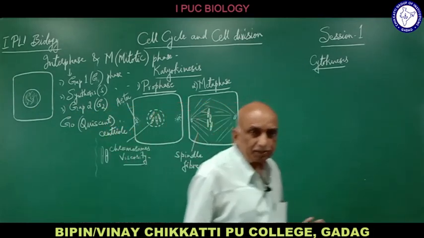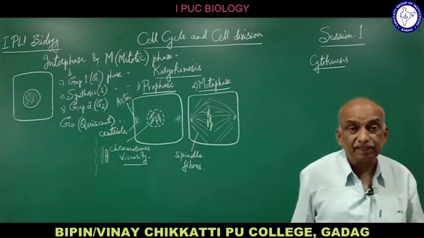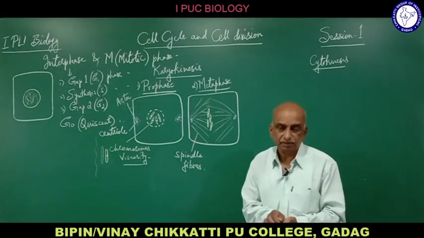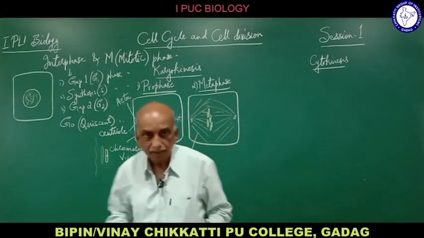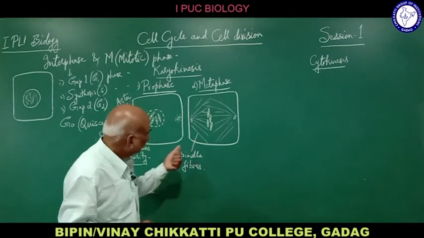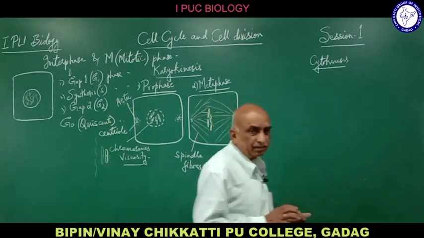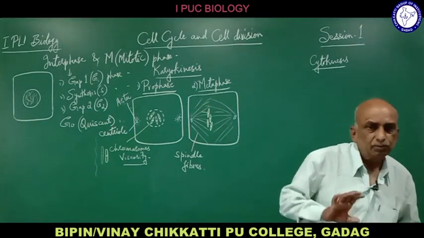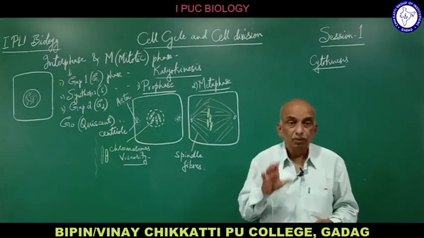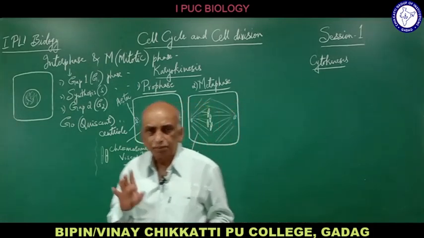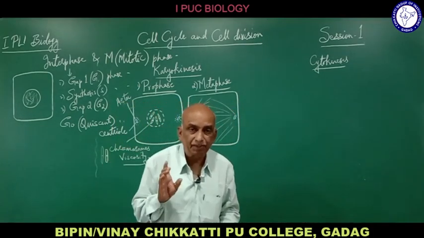So chromosomes are very clear and distinct during the metaphase stage of cell division. Whenever we want to study chromosomes, even after metaphase, during anaphase, the chromosomes are not clear. Only maximum condensation is seen during metaphase.